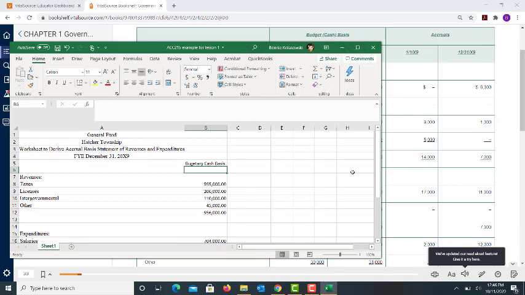After I have entered all the numbers in the revenues and expenditures, your next step is to add the accrual amounts. So yes, you will enter in the beginning and ending accruals.